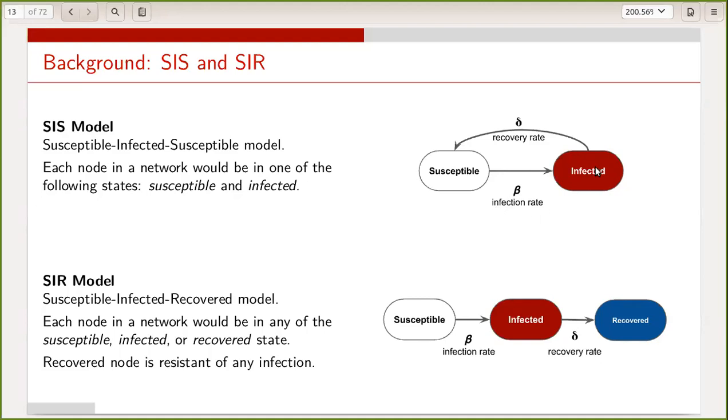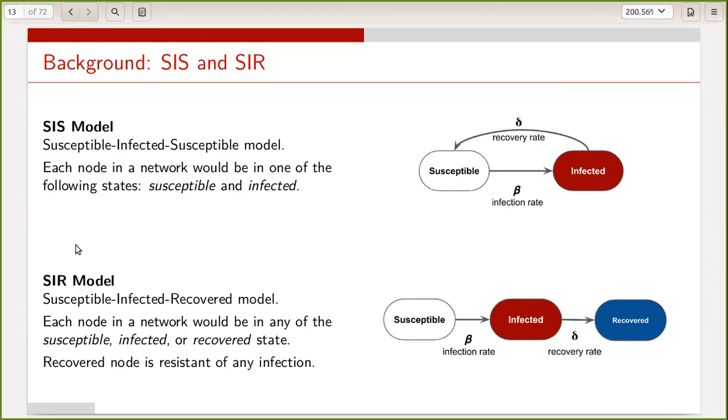And an infected user has a certain probability to recover, or to realize that the hoax is not true. We call it the recovery rate, represented as delta here. So in the SIS model, a susceptible user becomes infected, and then with a certain probability, it becomes susceptible again.